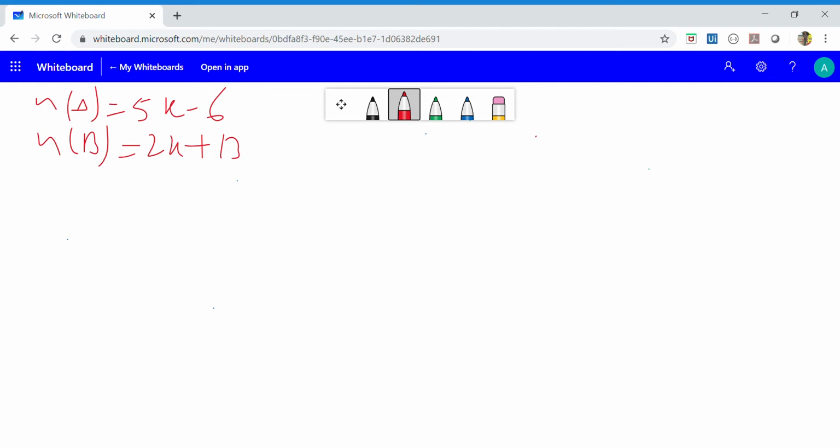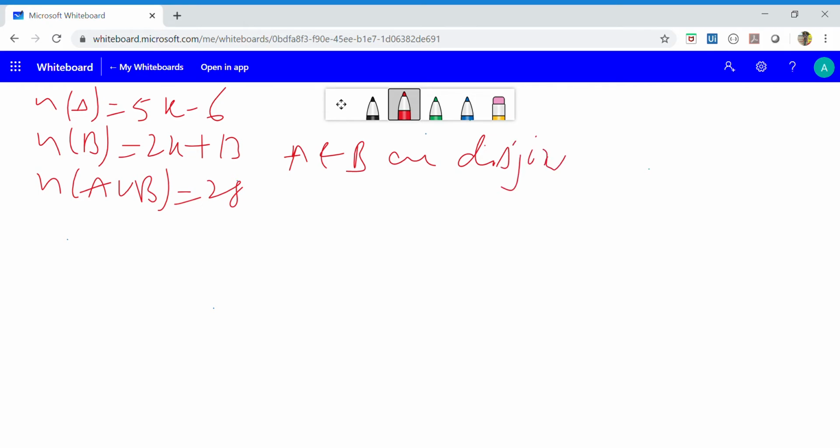A and B are disjoint sets. N of A union B is also given as 28. A and B are disjoint. Then find x value. What is x value? This is also connected question.